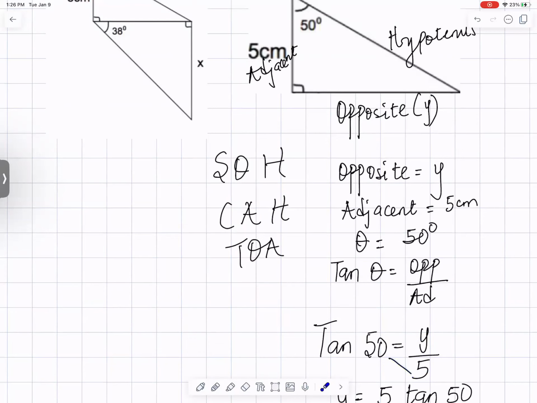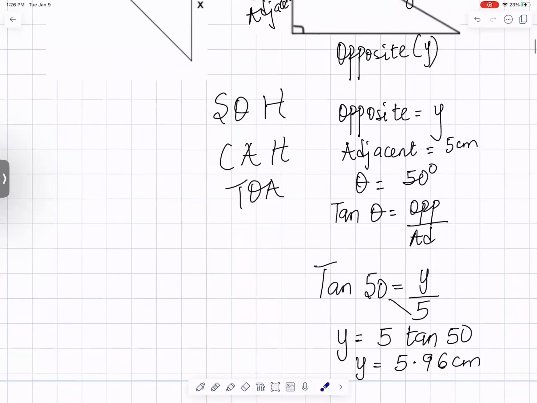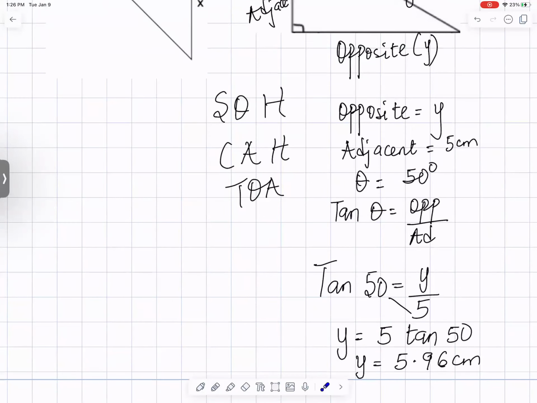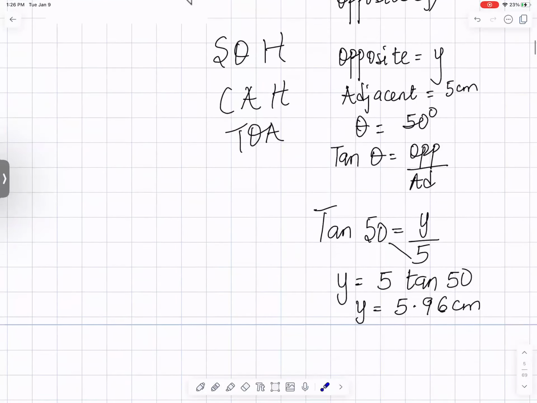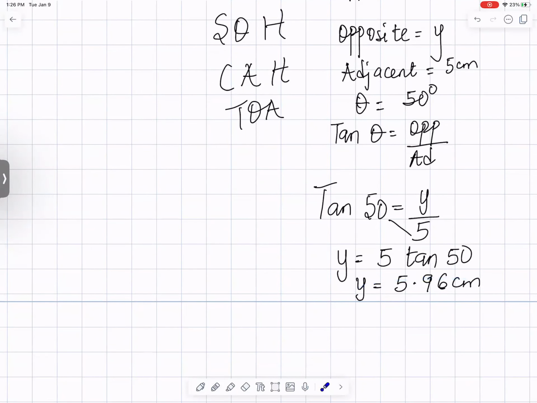That means y is on its own, y equals 5 times tan 50. On your calculator, we press 5 times tan 50, which will give you 5.96 centimeters. So we've gotten y as 5.96 centimeters.